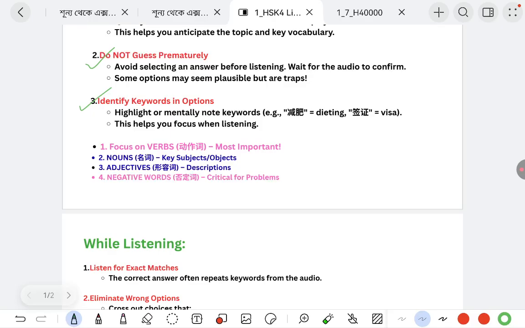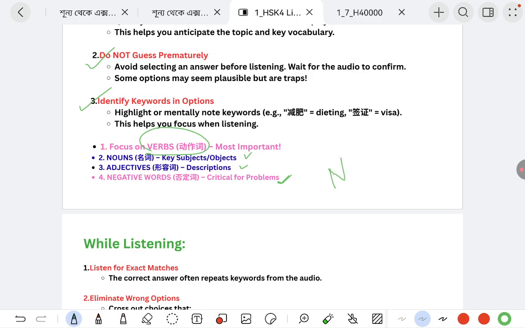And tip number 3, when you read the options, you have to focus on the important keywords. The most important keyword is the verb, then noun, and then adjective, also negative words. When you hear a negative word, you have to be careful.